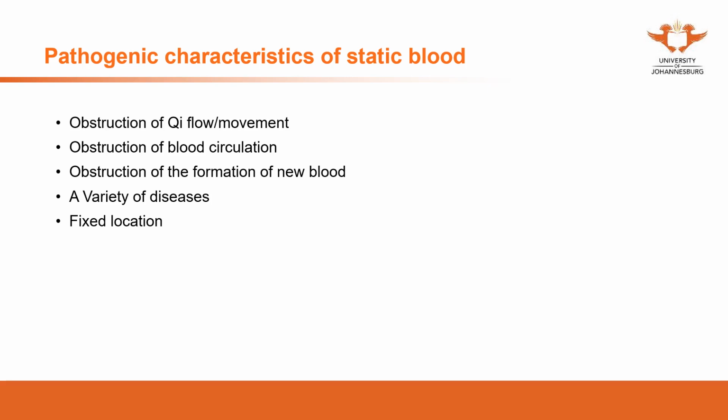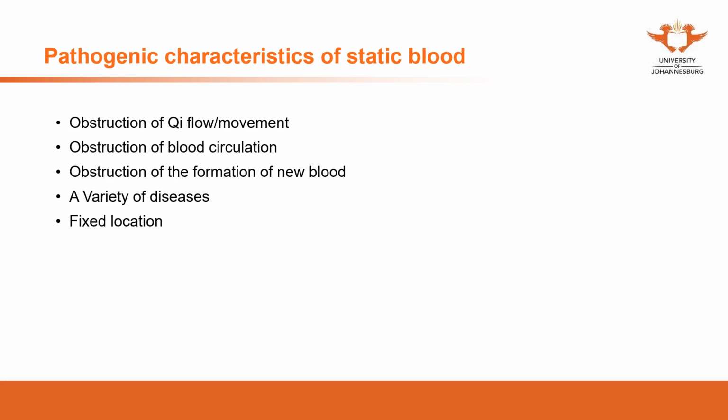So the first characteristic is that static blood can affect qi flow or qi movement. This is very similar to phlegm, because static blood is also a physical object and obstructs the meridians, the flow, the pathways.